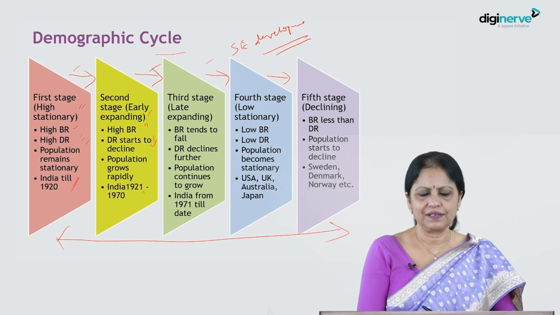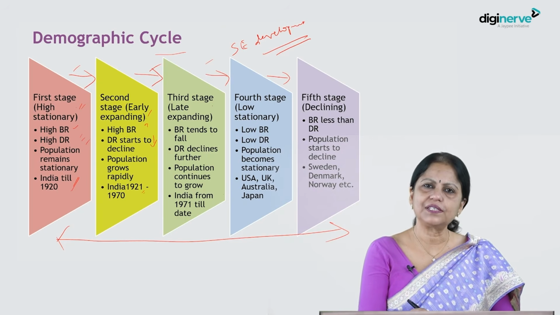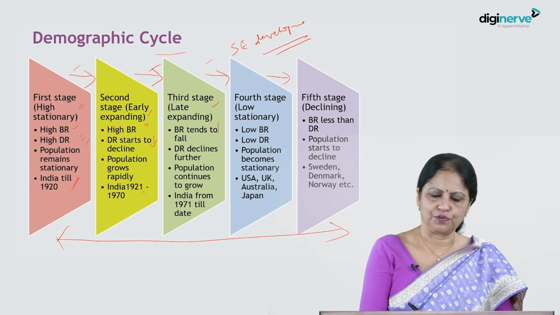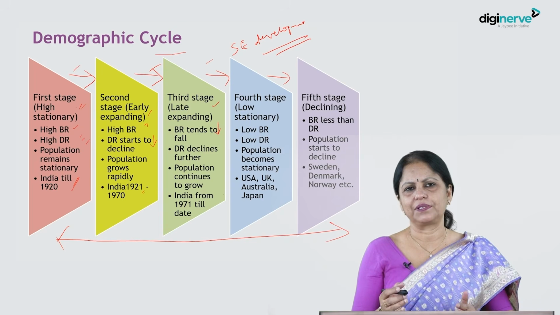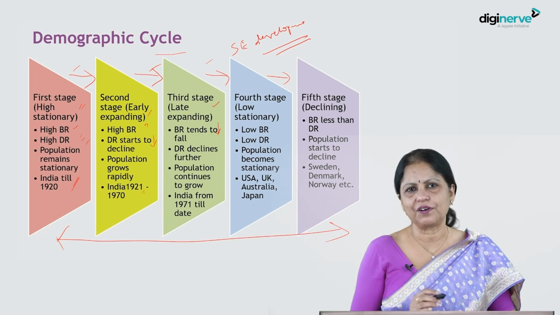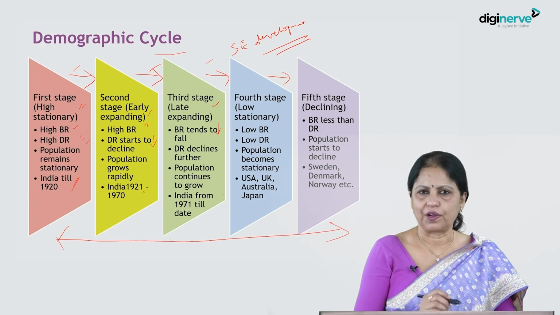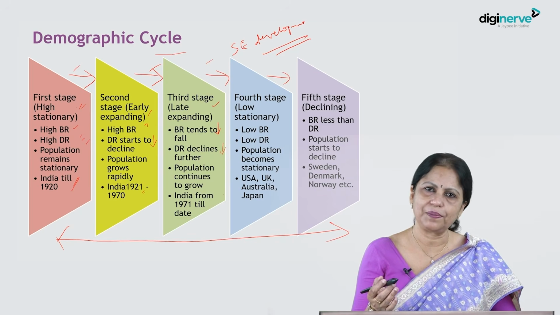After this, India entered the third stage. So the third stage is known as late expanding. Here the birth rate tends to fall. So family planning program has happened and people are accepting contraceptives. So gradually birth rate starts falling, and death rate declines even further because there's further development of health services.